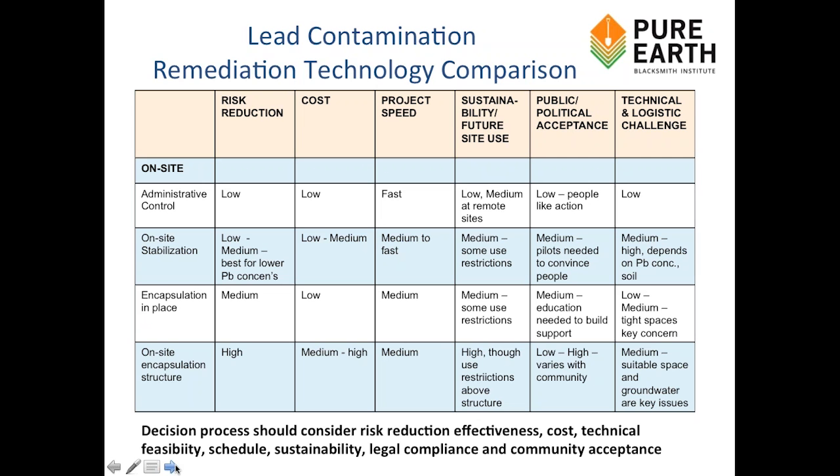This is an example of a chart of a matrix analysis where you factor in risk reduction effectiveness, cost, project speed, sustainability, public acceptance, and any technical or logistical challenges such as narrow alleys or a lack of availability of liners, that sort of thing.